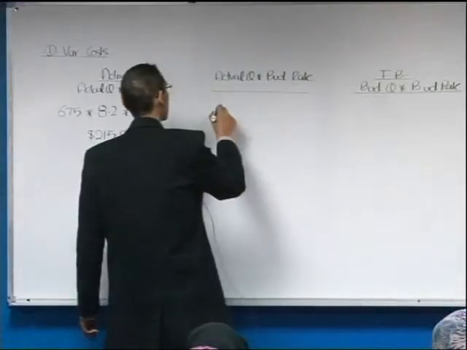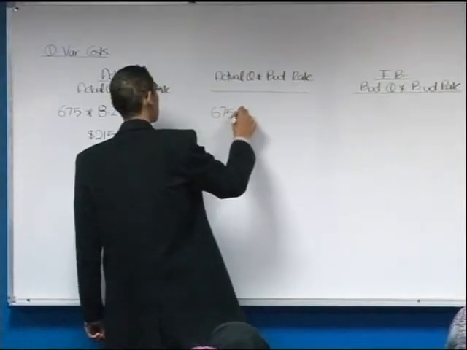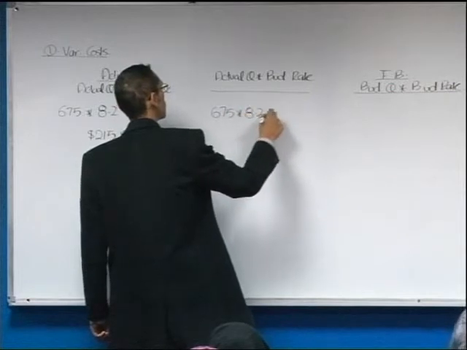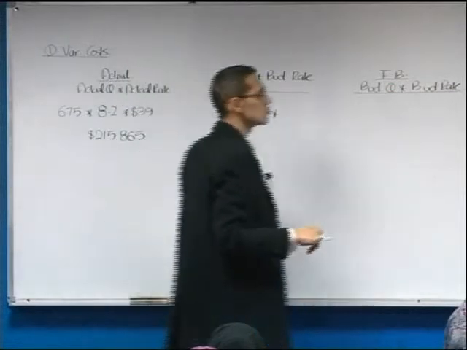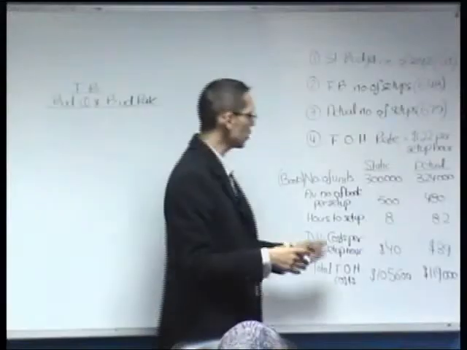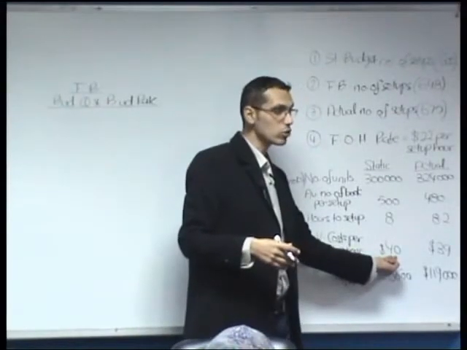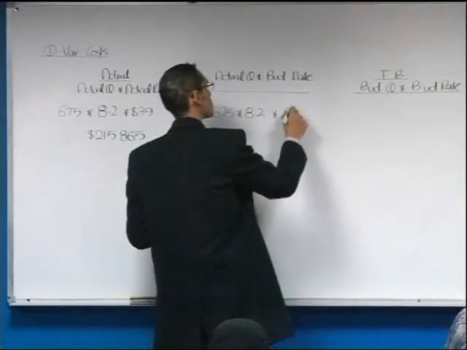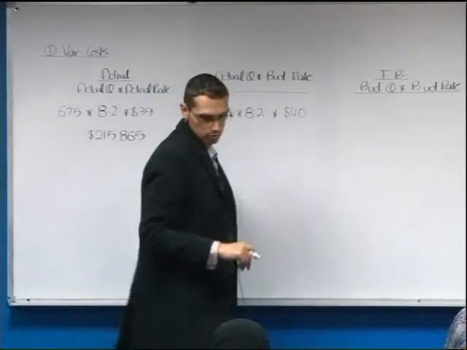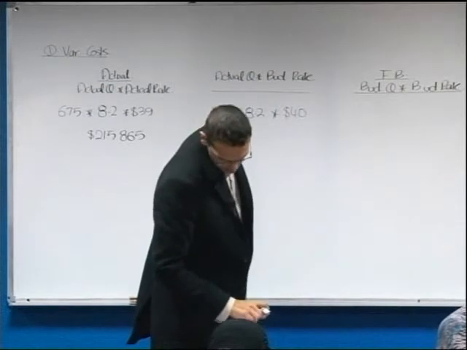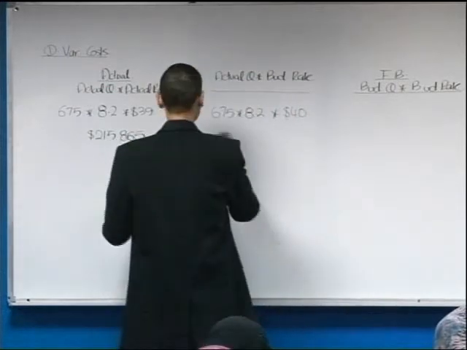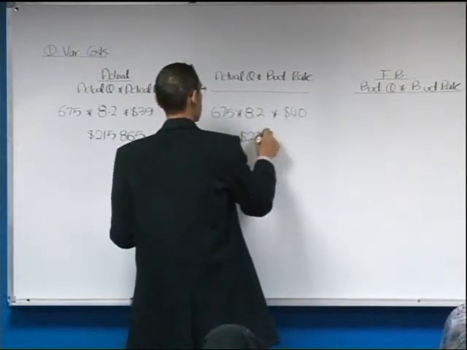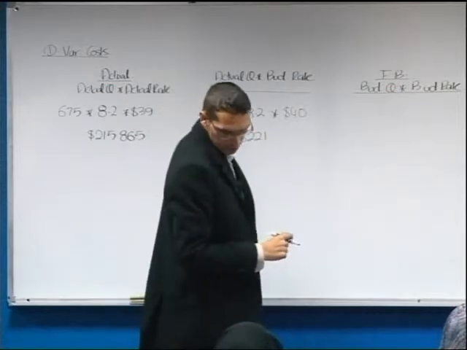Therefore, 675 multiplied by 8.2, multiplied by the budgeted rate, which is also given in the question, $40. Therefore, the amount would equal 121,400.